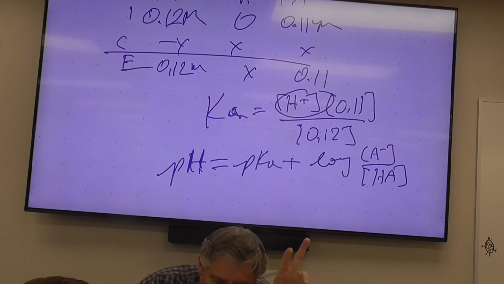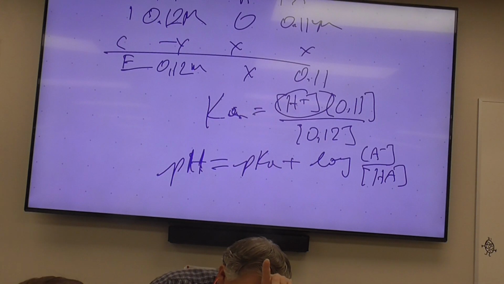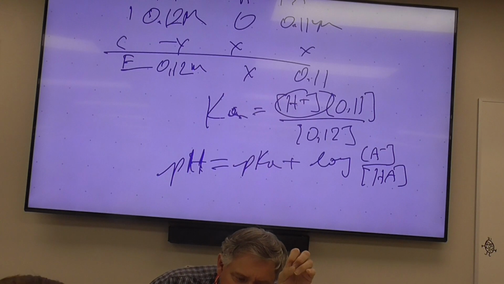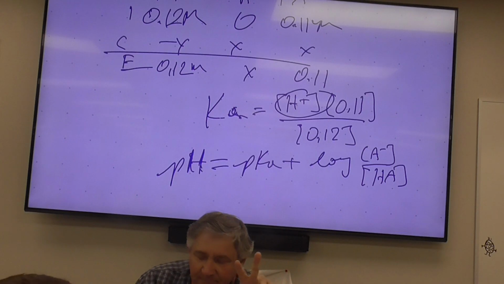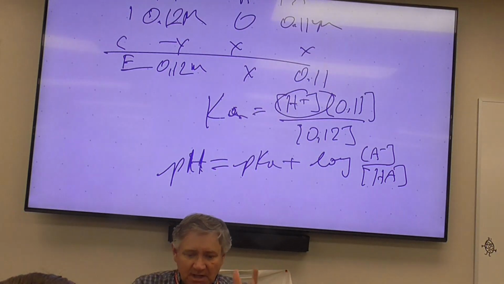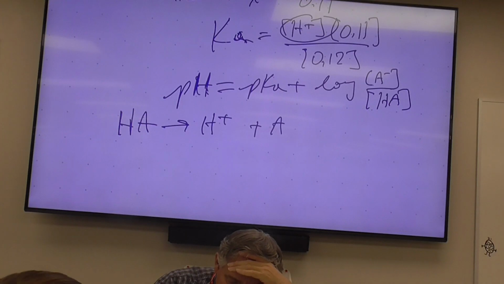What makes B a little bit more complicated says you've got a buffered solution by mixing 85 milliliters of a 0.13 molar lactic acid with 95 milliliters of a 0.15 molar sodium acetate. On this one, you've got to do two steps. It's still the same reaction, turning into hydronium ions and anions on your RICE chart.